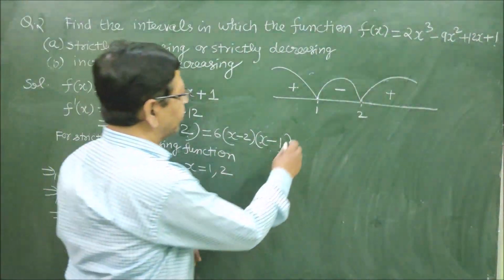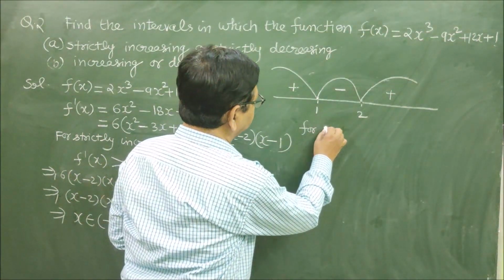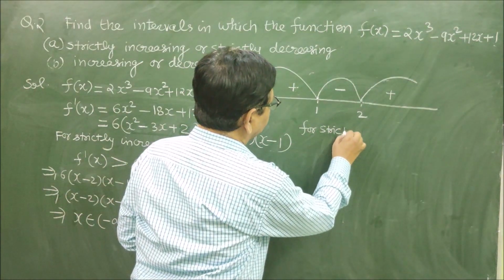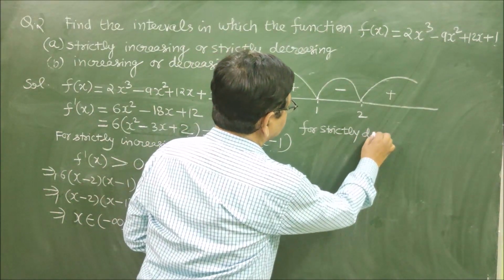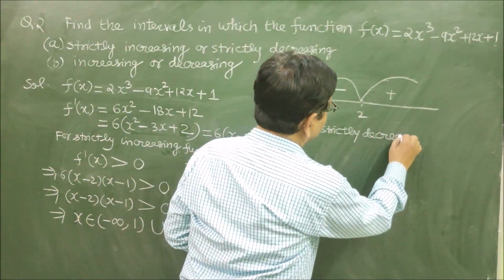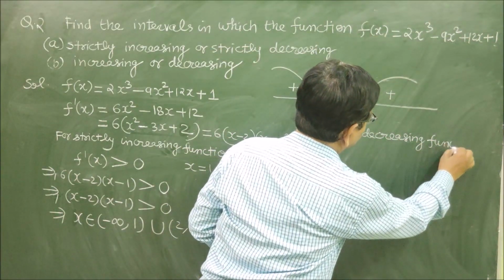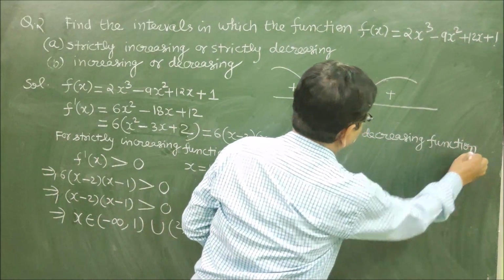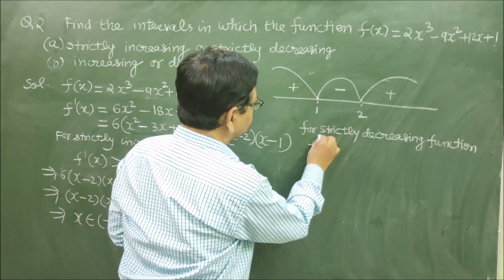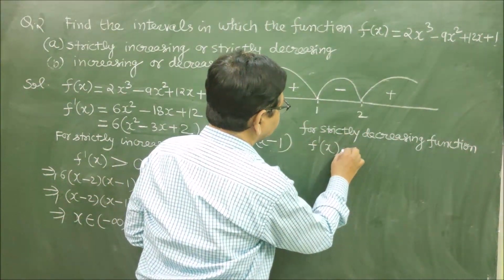Now for strictly decreasing function, f dash x should be less than 0.